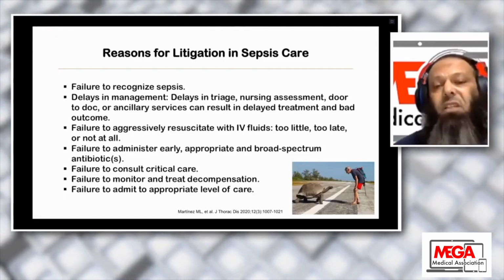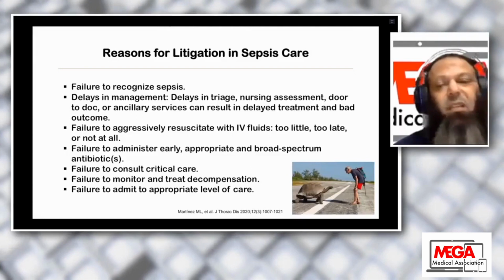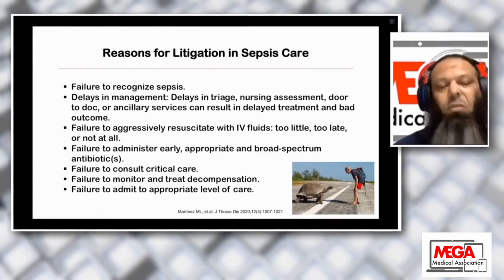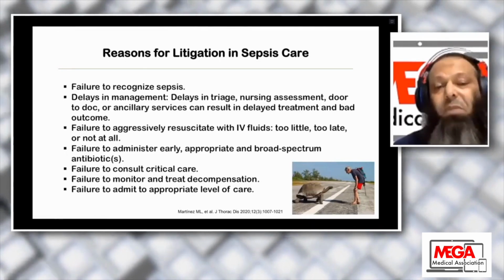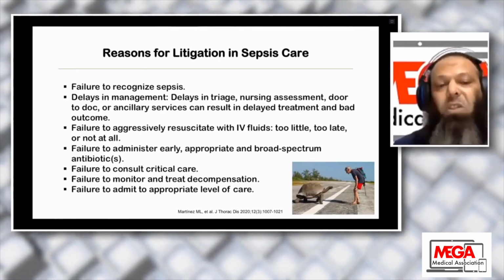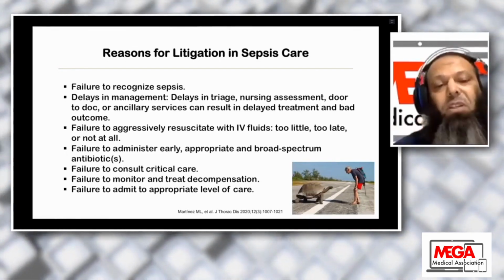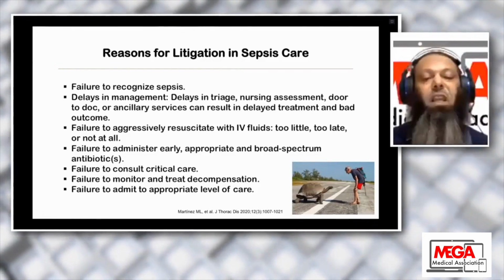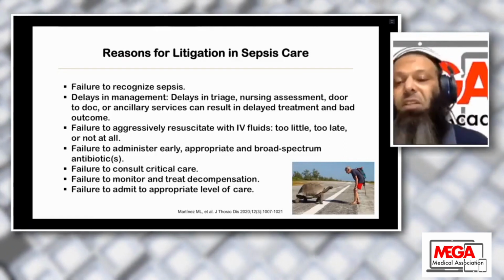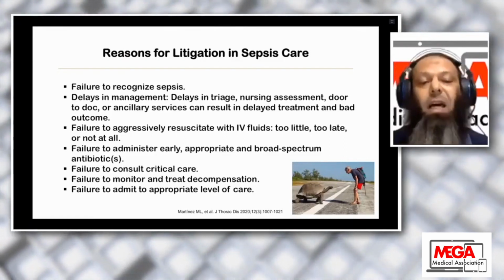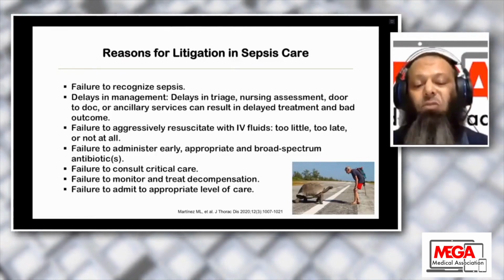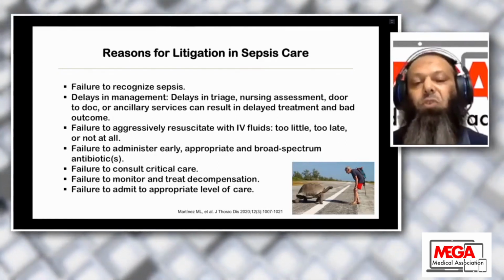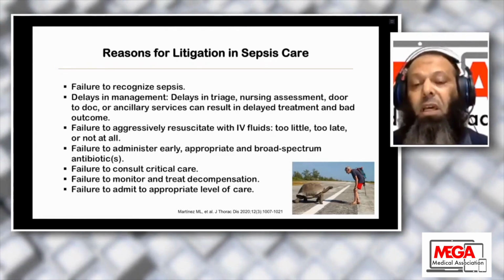Failure to aggressively resuscitate with fluid, as Dr. Hisham said in his lecture, too little or too late or not at all. Failure to administer early, appropriate, and broad spectrum antibiotics, which is the core of my presentation tonight. Failure to consult the critical care team, failure to monitor and to treat the decompensation or the sequelae of sepsis, and lastly the failure to admit to the appropriate level of care, or failure to disposition to the appropriate level of care.